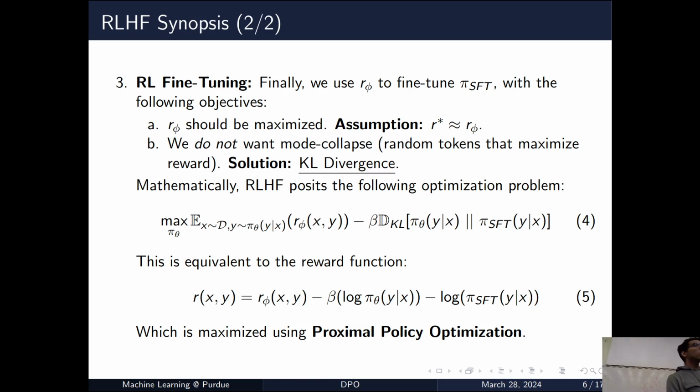So the distribution of all of the tokens should be as similar as possible to the distribution of the regular supervised fine-tuned model, and it should still be grammatically correct, right? So the idea is that we assume the SFT model is grammatically correct, and if it is deviating too much from the distribution of the supervised fine-tuned model, we are saying that there is something wrong over here, it is forgetting English, right? That's mode collapse.